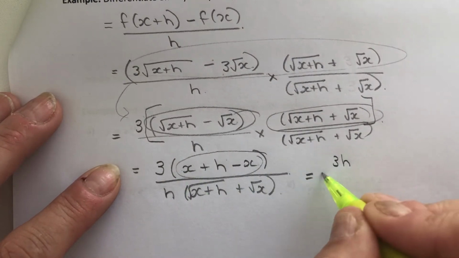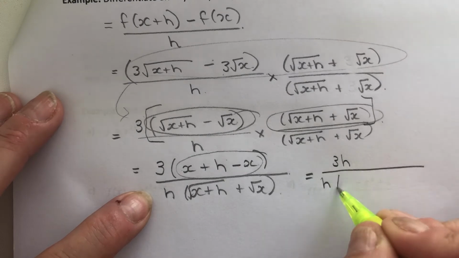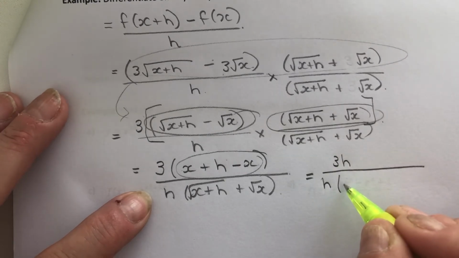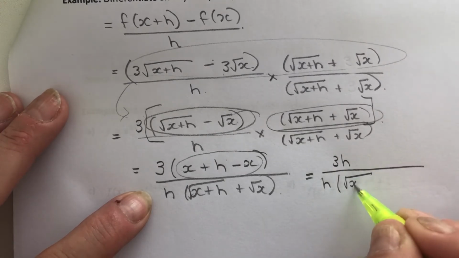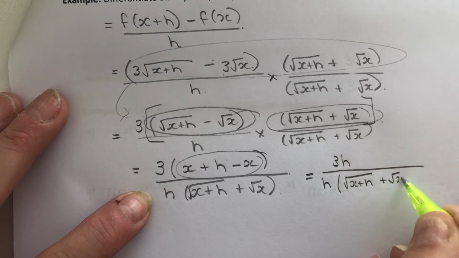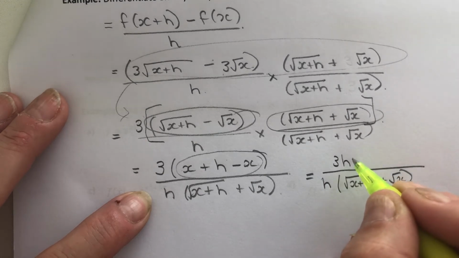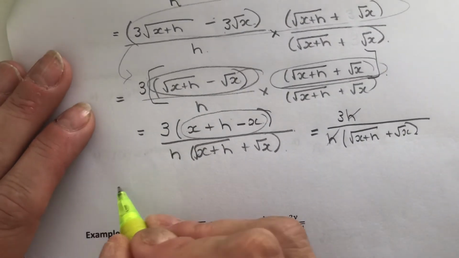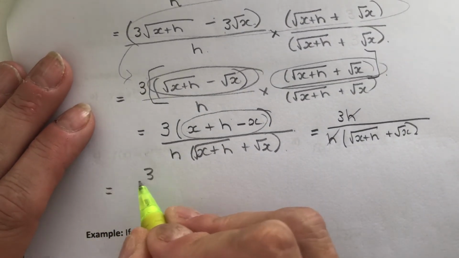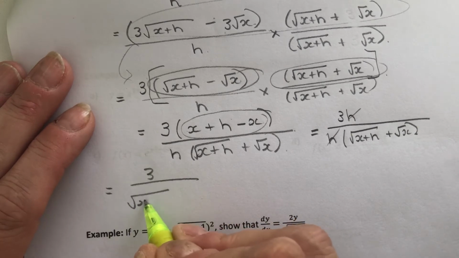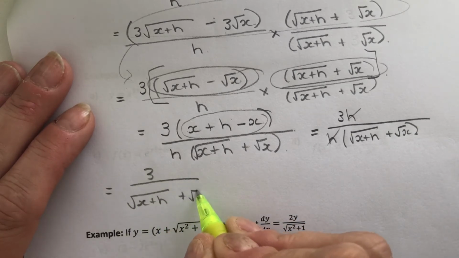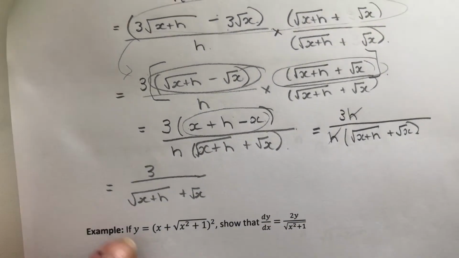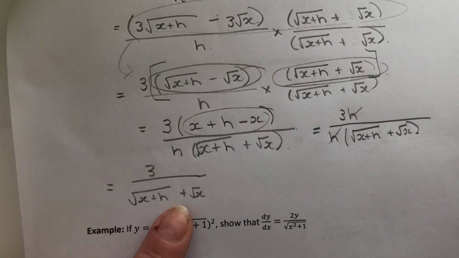So we have 3h over h. Write it all out again, bracket x plus h plus root x. All right, the h's are going to go. So what you've got left, I'm going to go back over here, is 3 over square root x plus h plus square root of x. All right, so that's what we have by first principles.